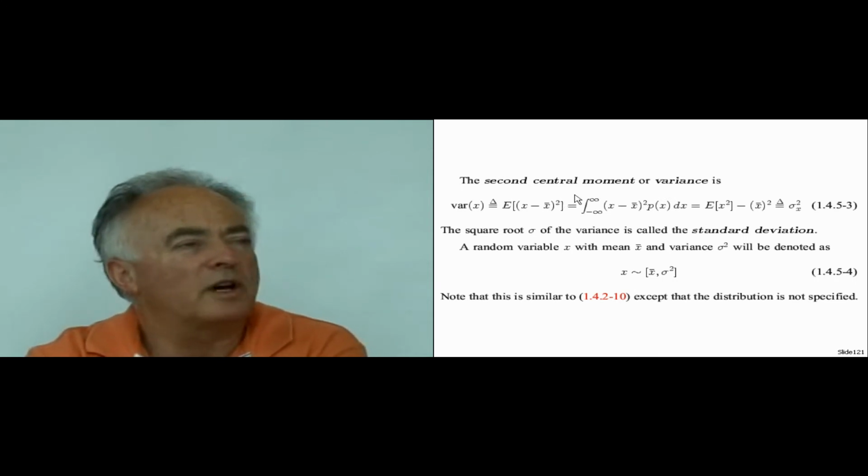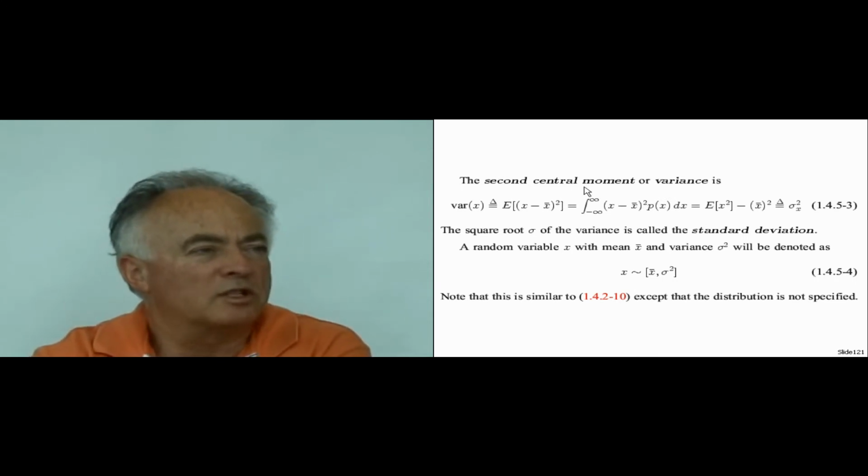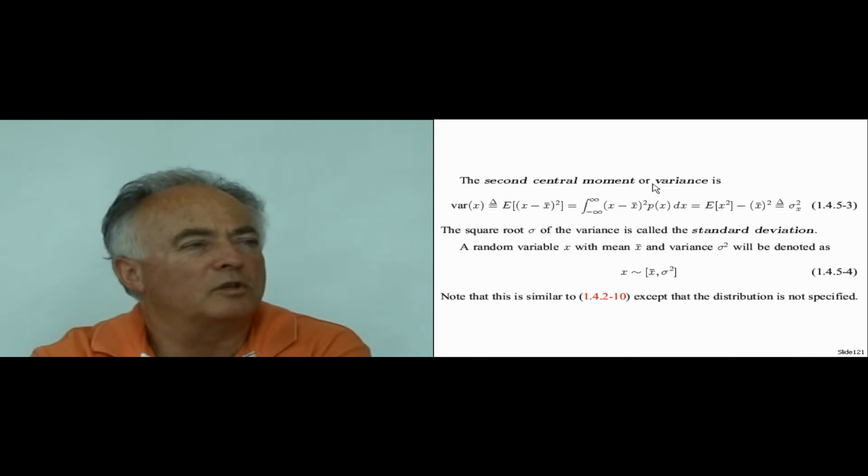Now we can define what is called a central moment, and we'll start with the second central moment, also known more concisely as variance. The variance of x is the expected value of the square of the difference between x and its mean.